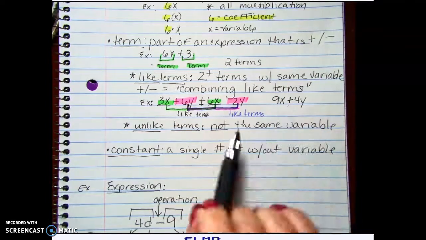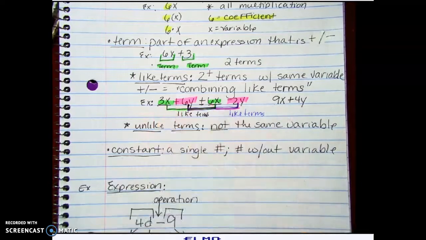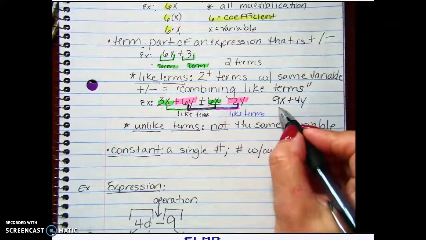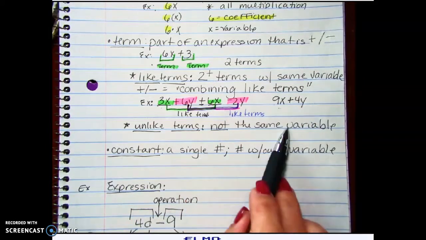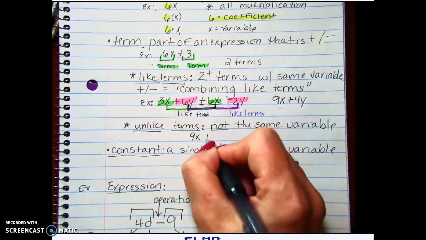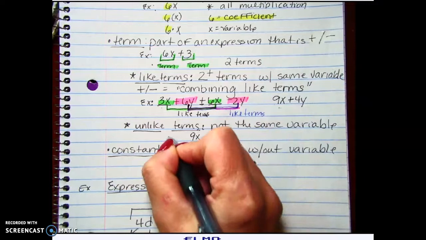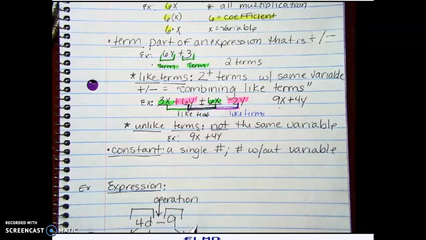So I just combined like terms. I combined my x's, I combined my y's. And now these two are unlike terms, not the same variable. So 9x plus 4y are unlike terms. They have different variables.